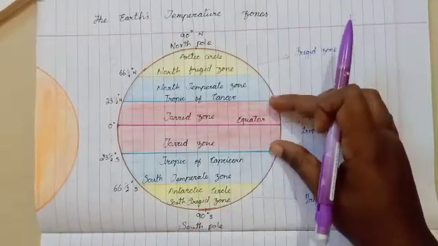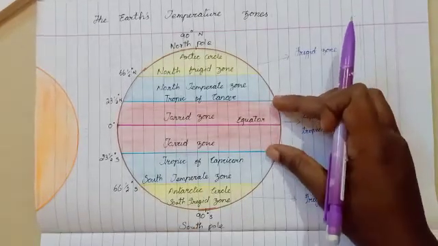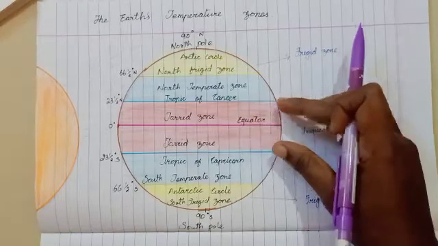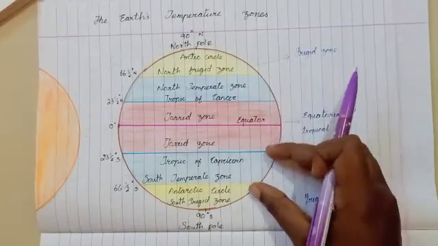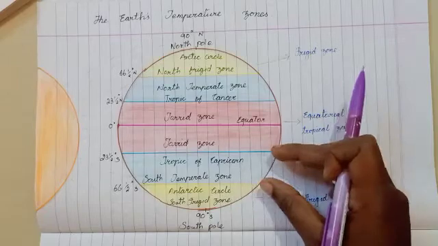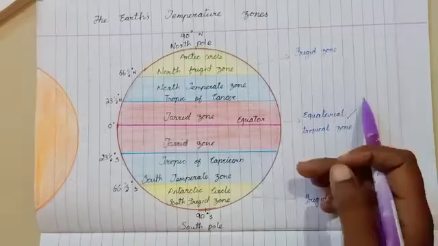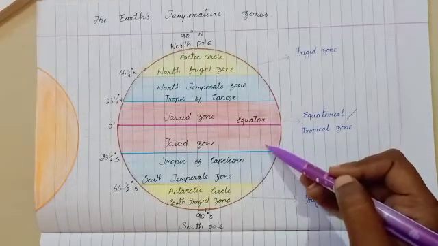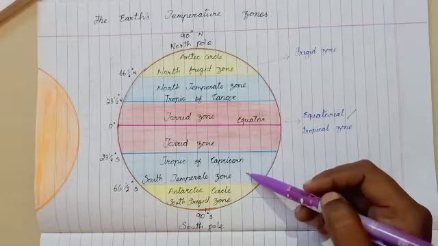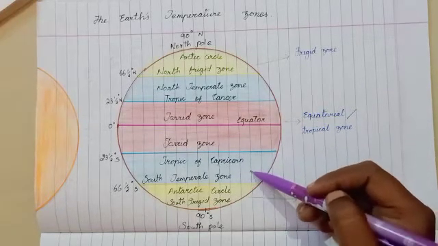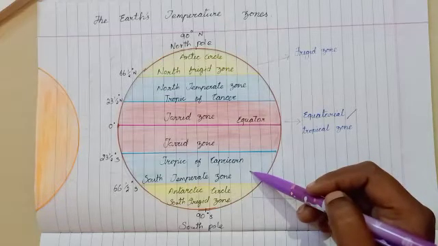The torrid zone has a hot, humid and wet climate, and the temperate zone has a drier and cooler climate. Compared with the torrid zone, the temperate zone has a cooler and drier climate.